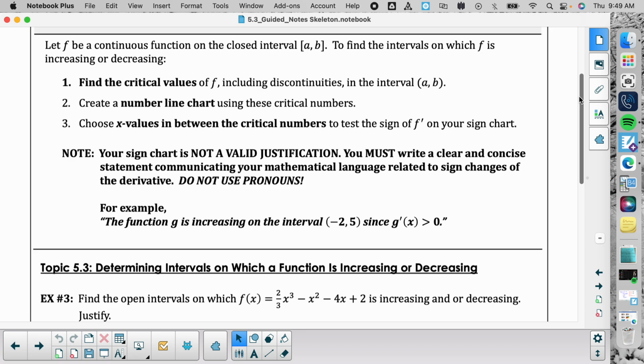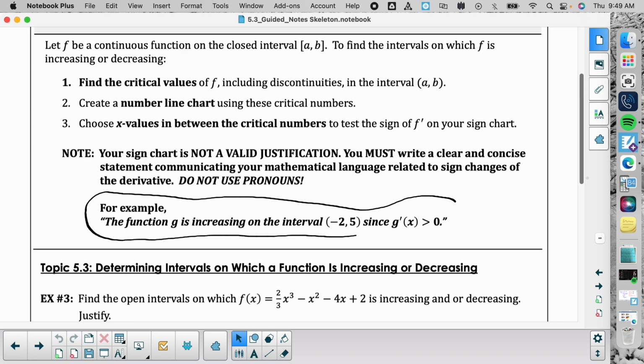So, just trying to point this out. If you want to highlight it in your notes or something, go for it. On the AP test, you have to use actual words. You can't say the graph is increasing in this section. You have to physically write the derivative is greater than 0.